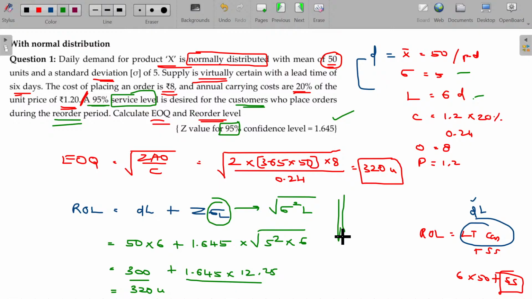Shall we move on to the next one? Make it faster. So here you need to understand this extra formula for reorder level.